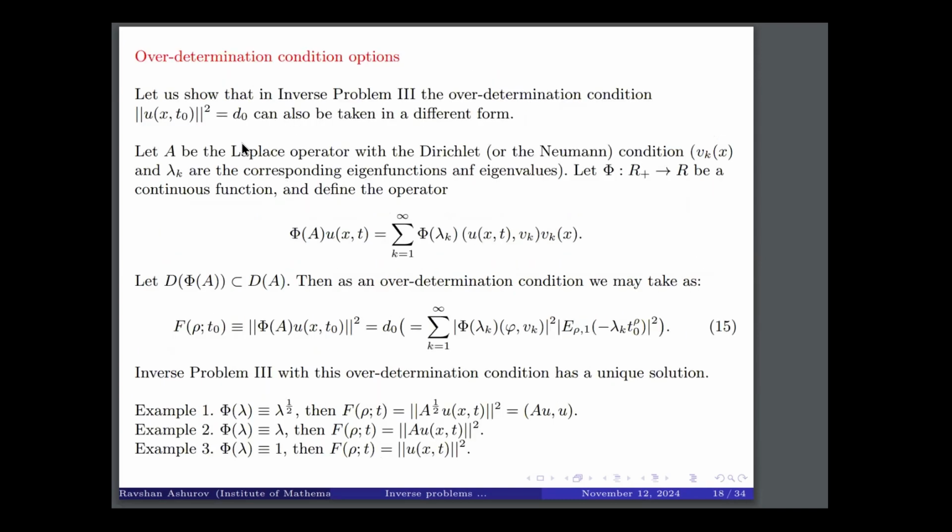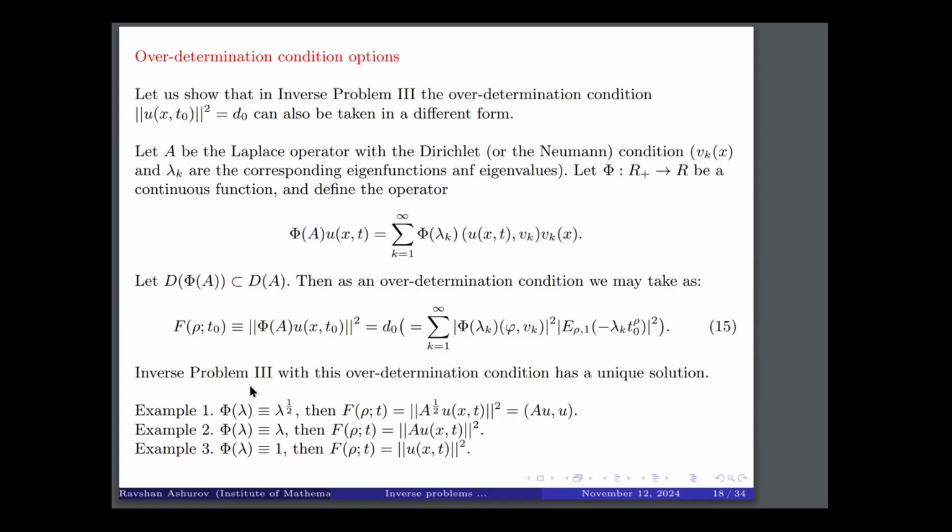Now, you see, we above considered the following overdetermination condition, but here we show that instead of this, we can take many other options for the overdetermination condition. For example, for an arbitrary function, which is defined like this, we can consider the following operator. And if the domain of this operator lies inside the domain of operator A, then as a function f, we can take the following.